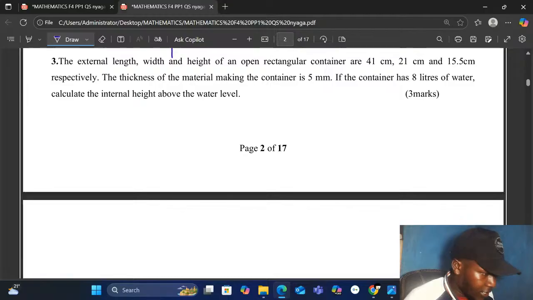The thickness of the material making the container is 5 millimeter. If the container has 8 liters of water, calculate the internal height above the water level.